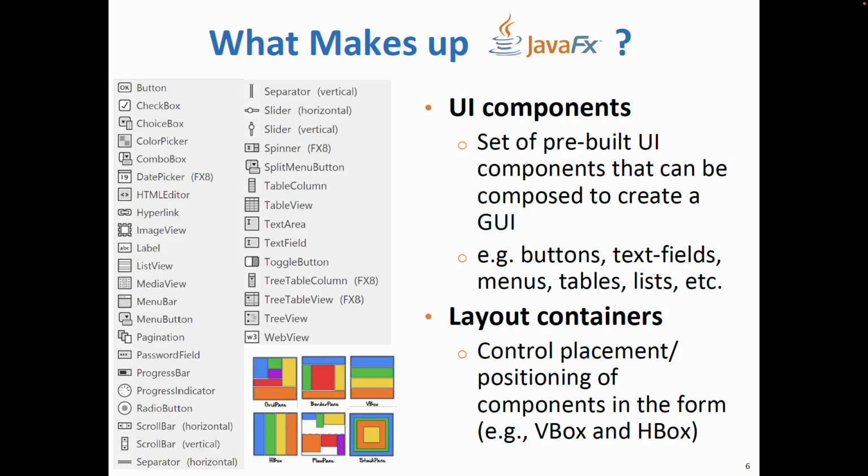All of these are the tools that we can put in our application, and also these layout managers, grid pane, border pane, VBox, and so on, allow us to control how to position these components.